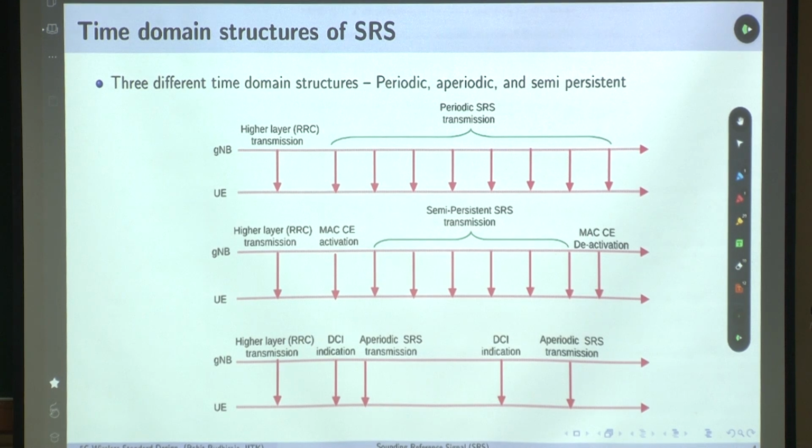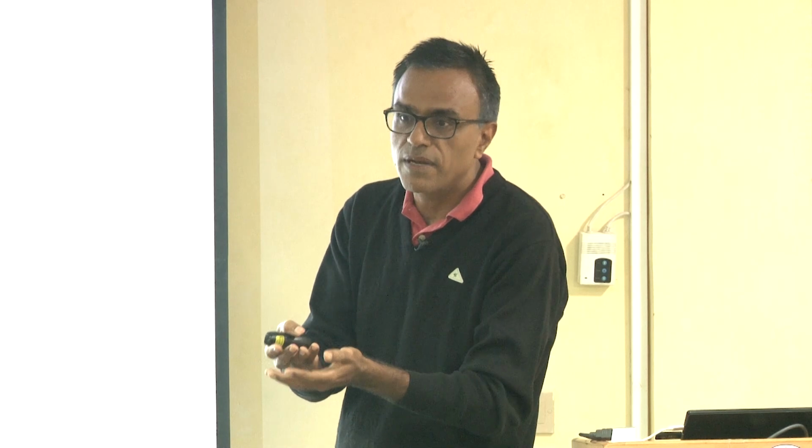The data is such that it's a limited amount of data. It has come suddenly, and the UE needs to transmit, but the base station does not have the uplink channel information, so it configures this SRS so that it can get the channel information. So this is one use case of aperiodic transmission, wherein the base station needs the uplink channel information urgently.